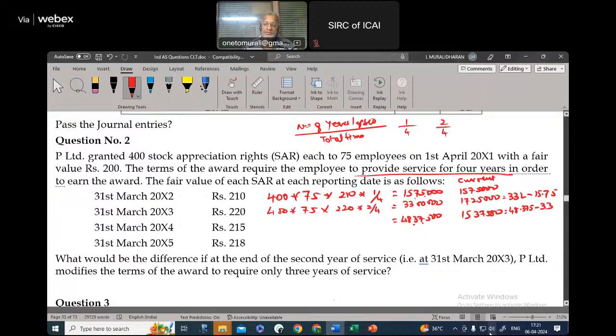Next, 400 into 75 into 218 into 4 by 4, which is equal to 65 lakhs 40,000, minus 48 lakhs 37,500. That becomes 17,02,500.